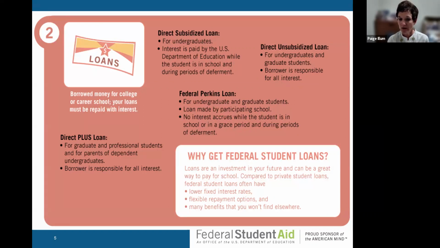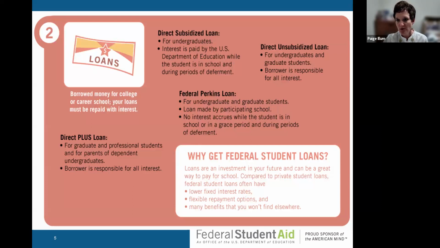I have left the federal Perkins loan up here, although know that it is no longer an option. It is no longer a federally sponsored program, but I left it here because you may have heard about it. It recently was discontinued, but you may have had siblings that received a Perkins loan. And then the other program that the federal government does continue to offer is the Direct Plus loan.